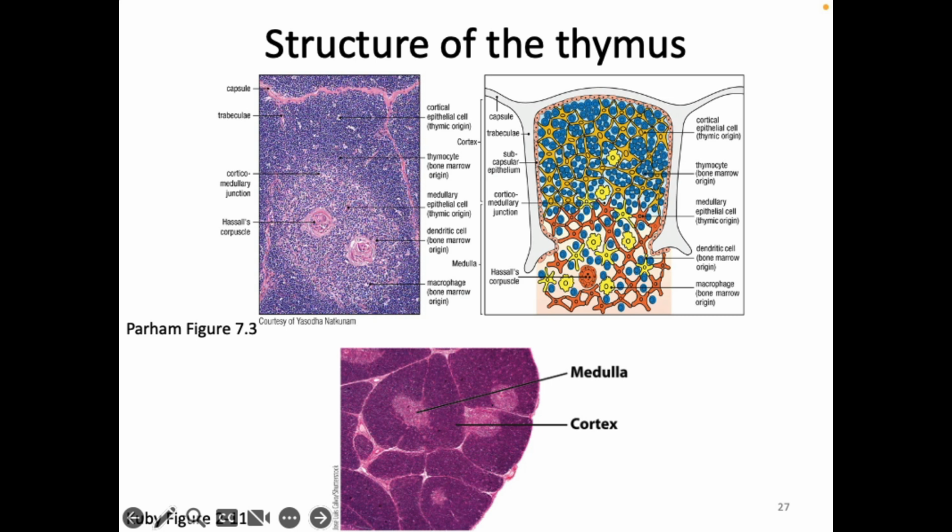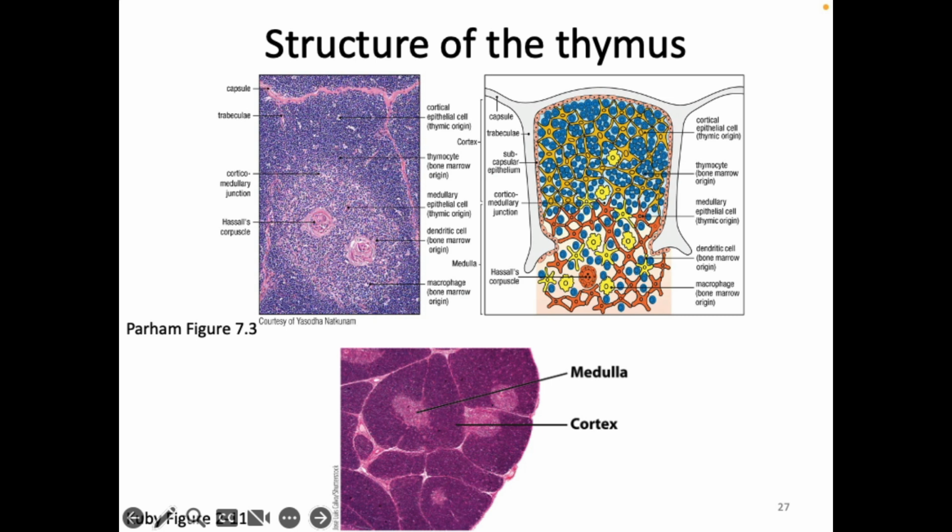The developing T cells are in blue, and you can see in this cortex area, there's way more. The cells are way denser than they are here in the medulla. They're way more crowded in the cortex than they are in the medulla. And that's actually going to relate to what kinds of processes are happening in the cortex and in the medulla, which relates back to how many cells end up being in both of those places.